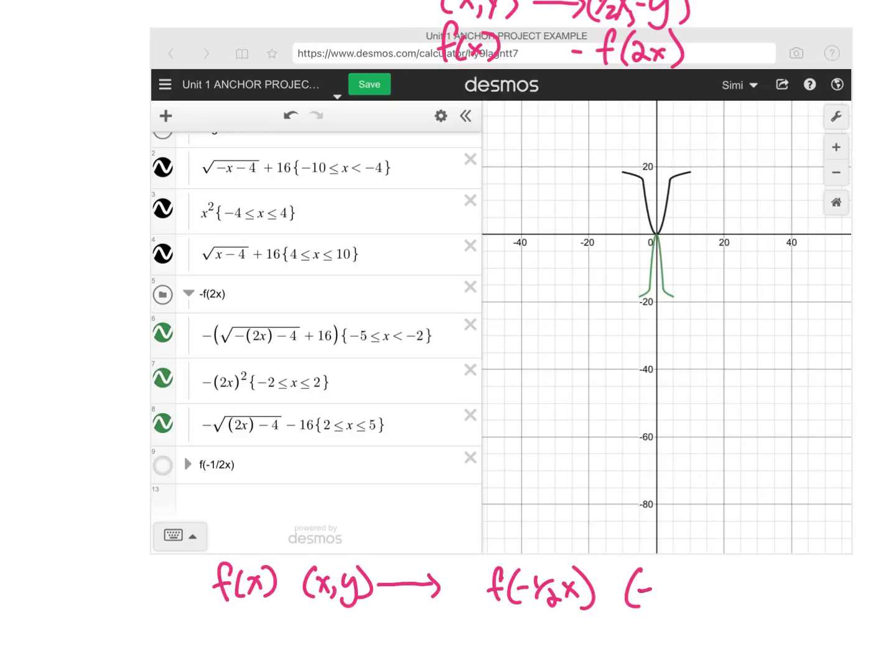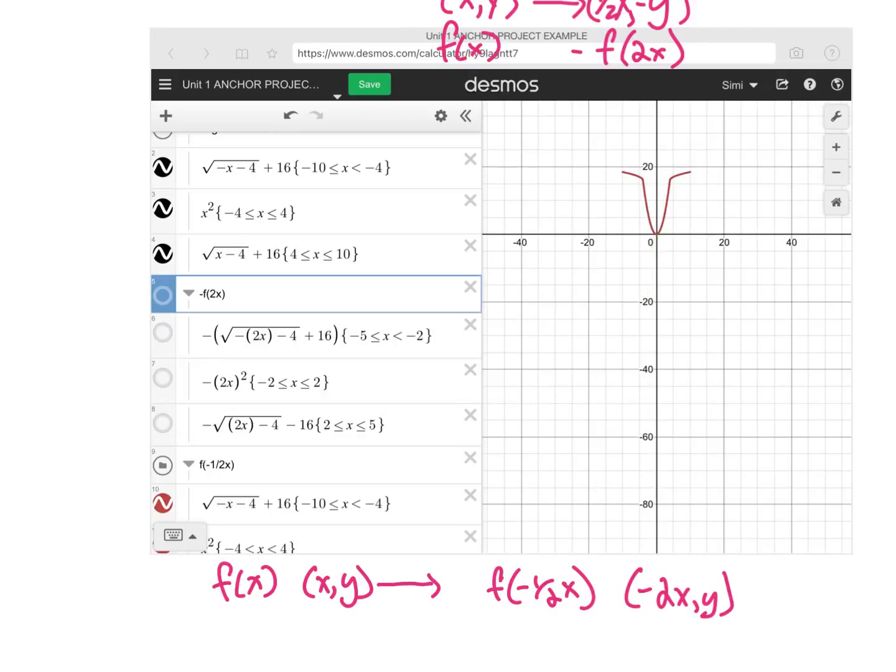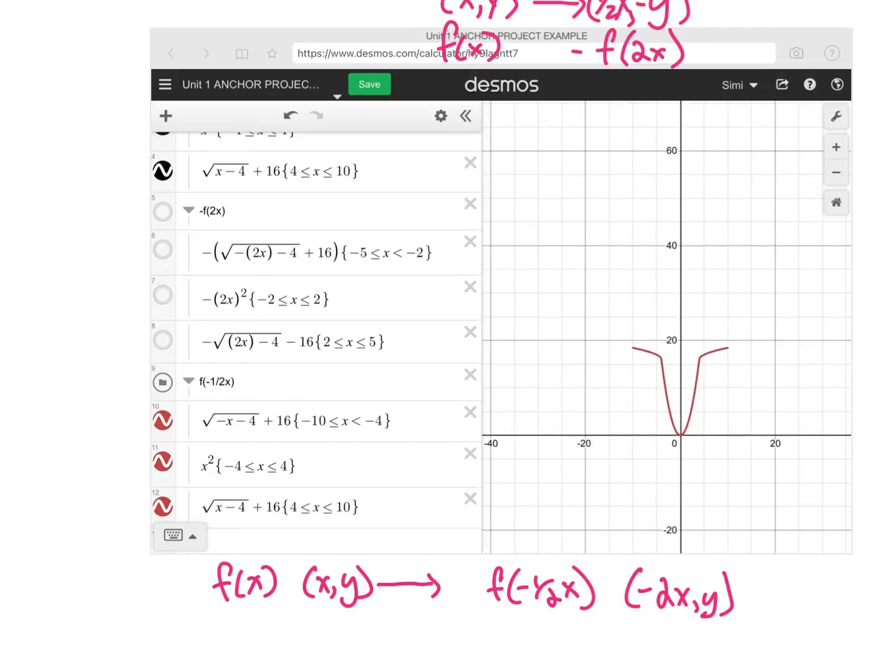So this would be -2x, y. Okay, so I come in here. Turn this one on. Turn this one off. We can see the function now overlaid in red.